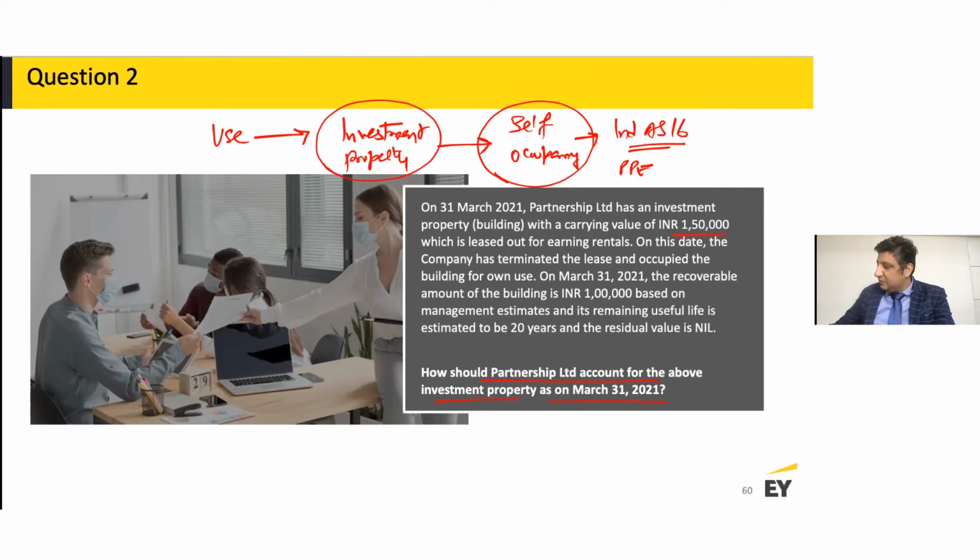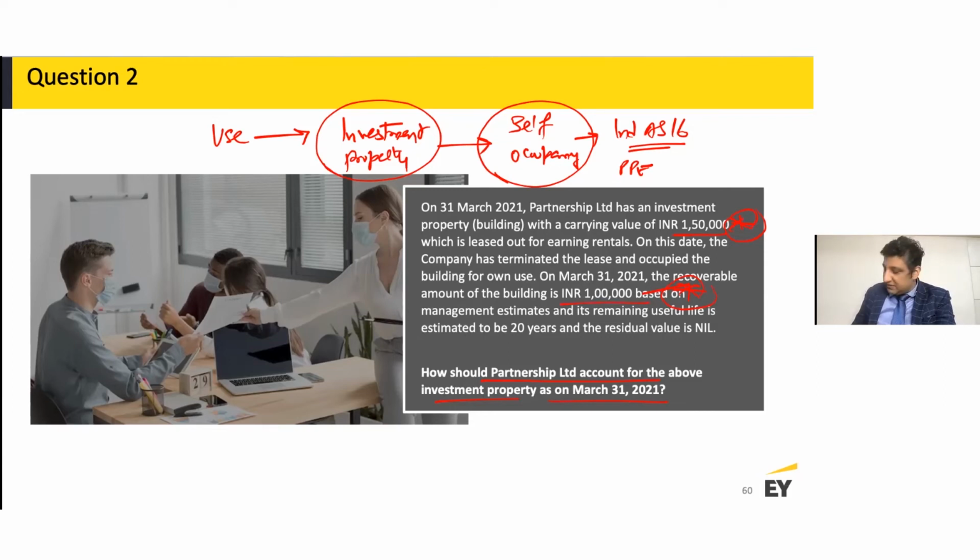And this being the carrying value of this property, plant, and equipment, I would like to compare that with the recoverable amount. Okay, which means that I would compare this with 1 lakh rupees. And by the way, in this case, of course, the carrying value is more than the recoverable amount.